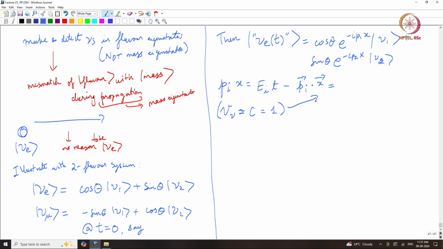If that is the case, then what do I have? I can write this as e to the minus i the momentum, which I am going to take to be in the z direction. I am going to take the propagation to be in the z direction, and I am going to pull out some L, which is the length, the distance travelled by the neutrino.